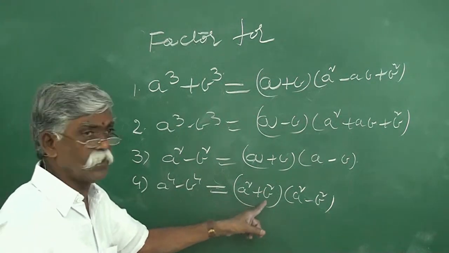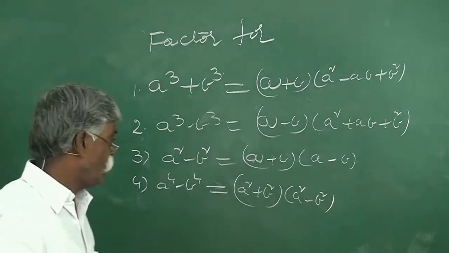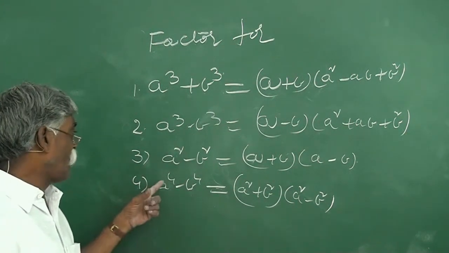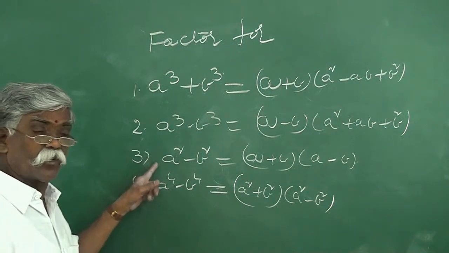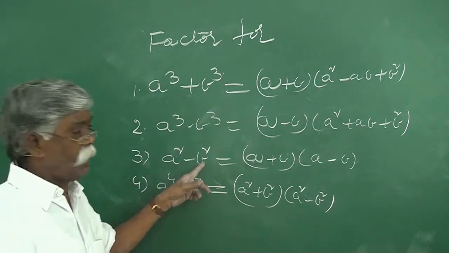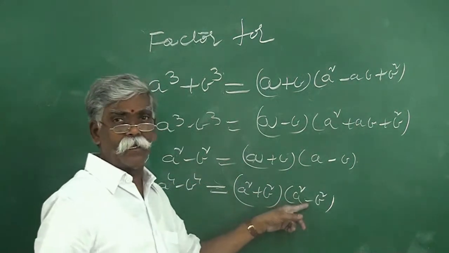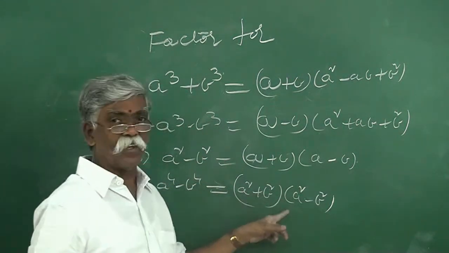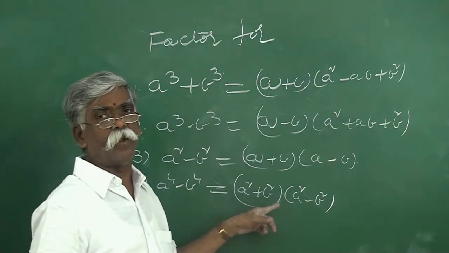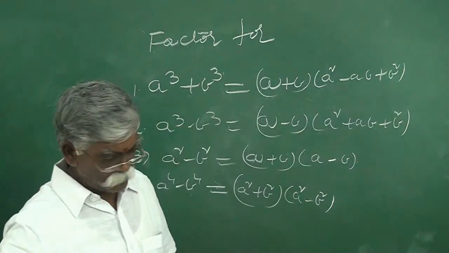Hence, it is (a square plus b square) into (a square minus b square). Whenever we get a power 4 minus b power 4, instead of converting this into (a square) whole square minus (b square) whole square and using this formula, if we get accustomed with this, the calculation will be faster and we will be saving some time.